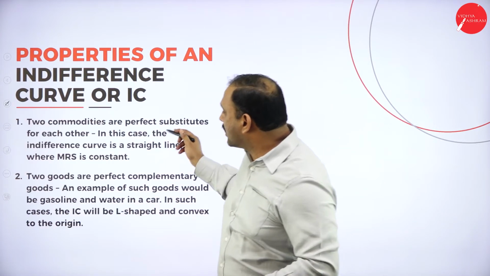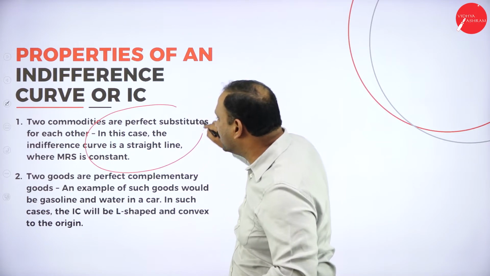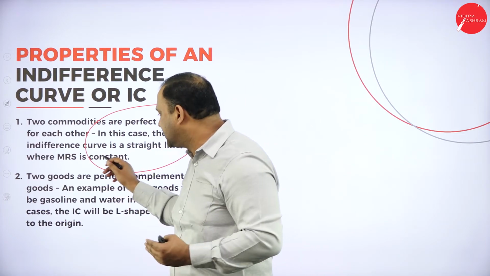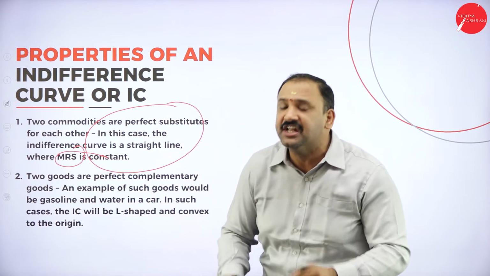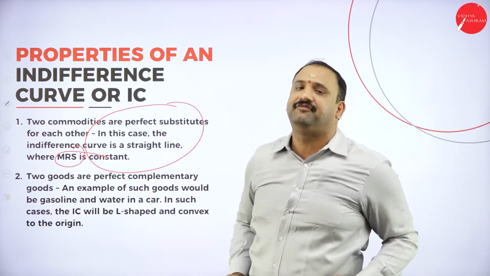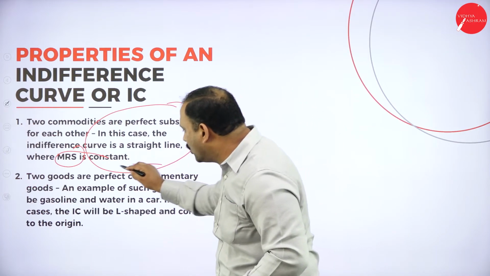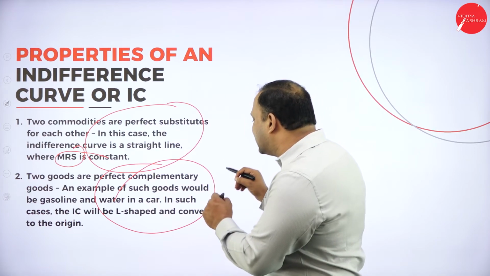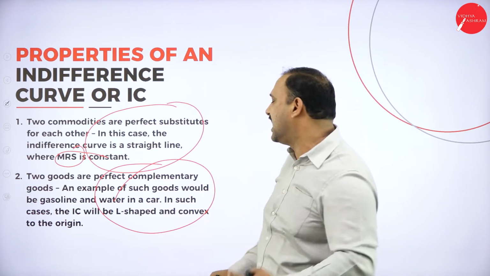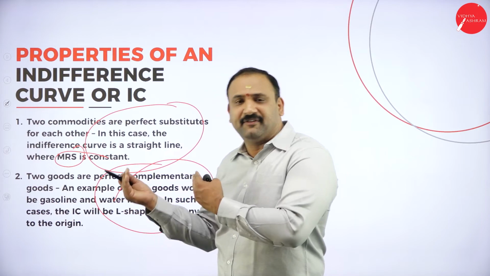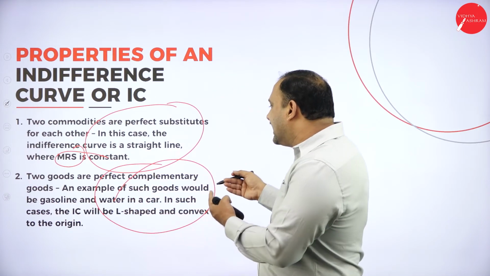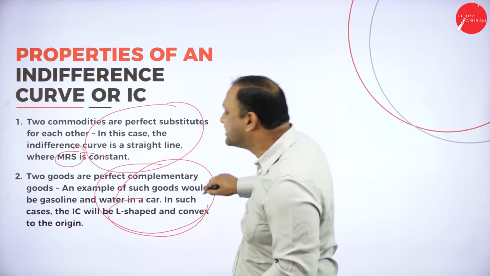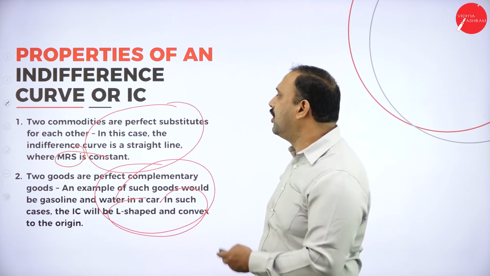Followed by, if the two commodities are perfect substitutes for each other, you would see that the MRS, the marginal rate of substitution, is always constant. Followed by, if two goods are perfectly complementary, then the IC curve is always L-shaped and convex to the origin.